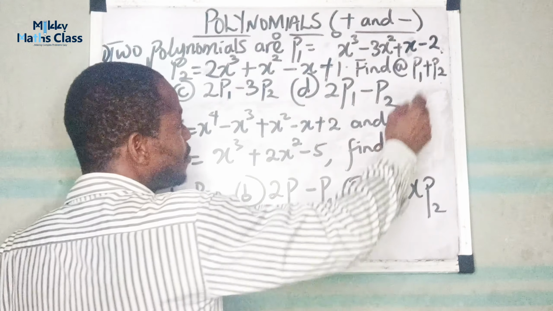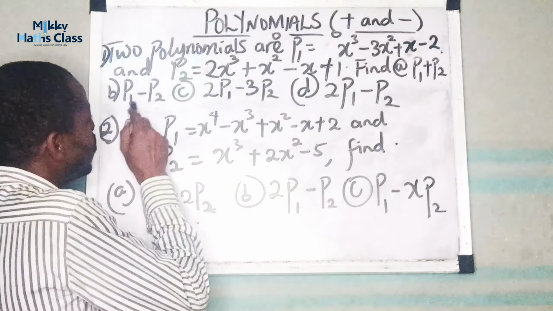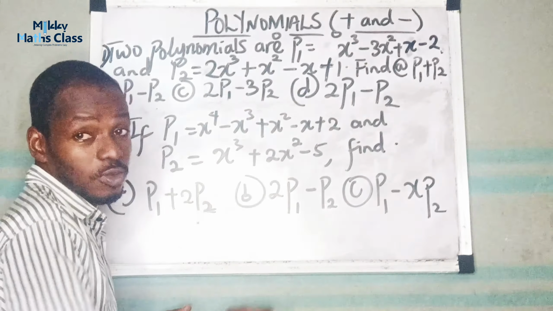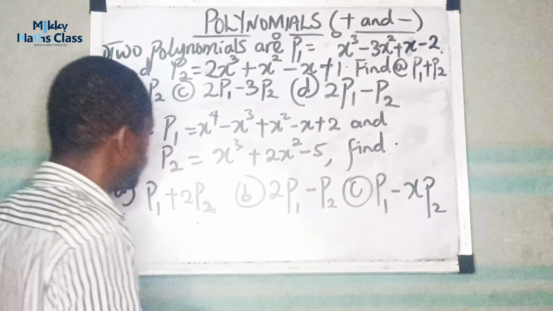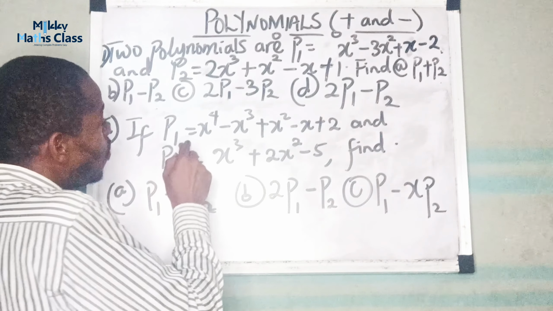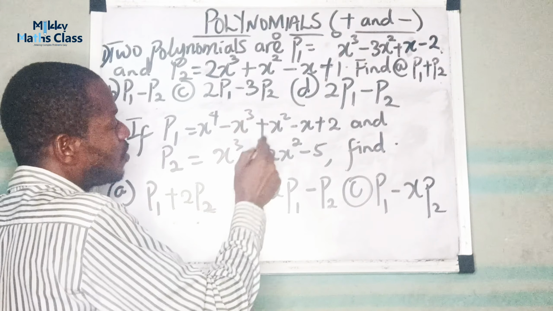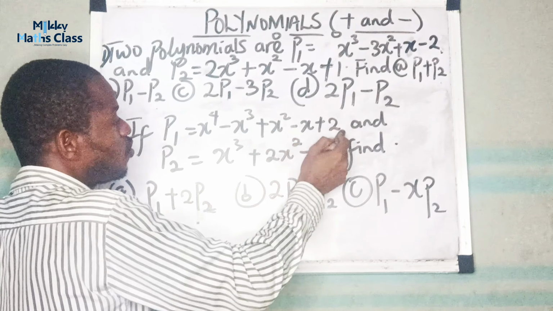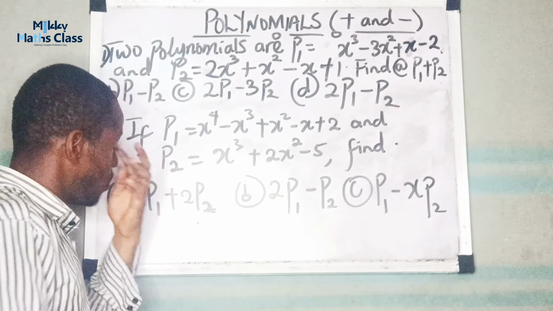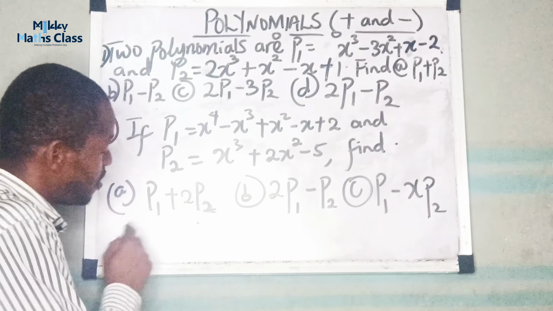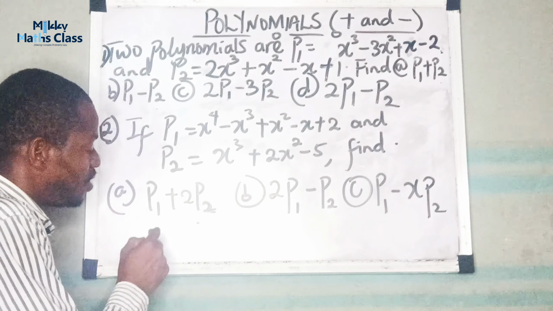Find A, P1 plus P2; B, P1 minus P2; C, 2P1 minus 3P2; and the last one, 2P1 minus P2.